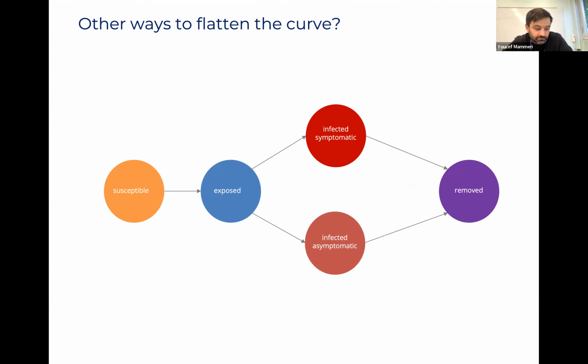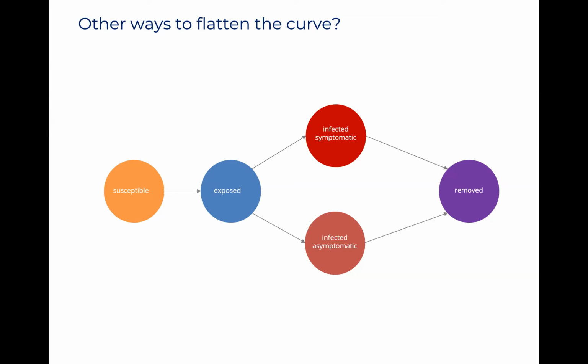Basically the susceptible become exposed first. And then there is a fraction which is not exposed, right? Yes, but they stay susceptible. The ones who are not exposed stay susceptible. There is no immunity, for example.